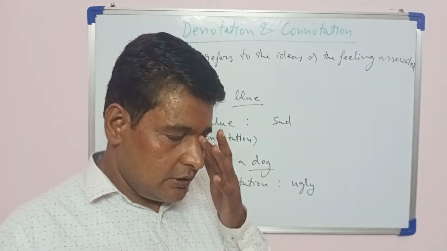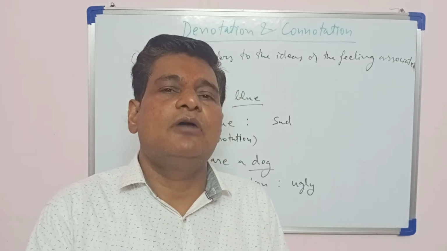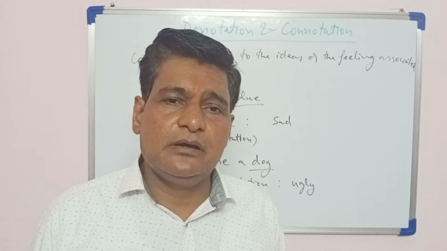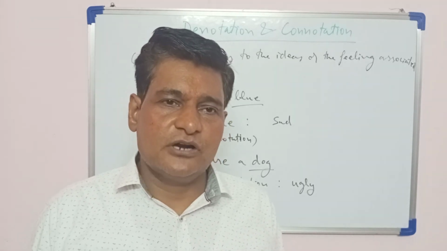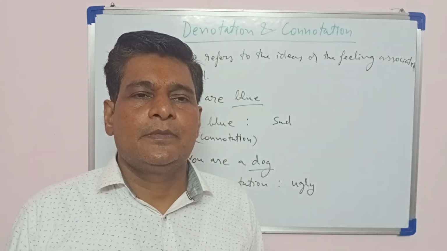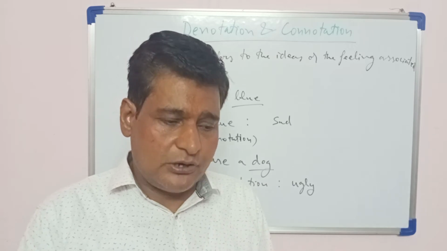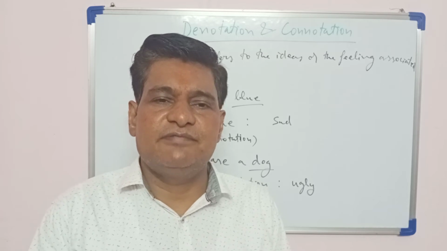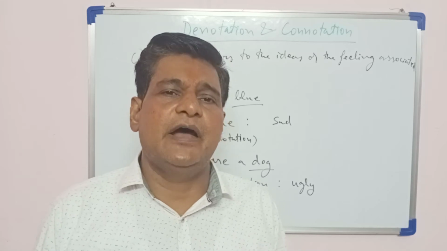Now at this point, I would say that denotation gives a certain meaning of a word, and there may be certain other words having the same or similar meaning. So denotation would be approximately the same for the synonyms of a particular word. Means literal meaning would be approximately the same, but if we refer to the connotation or the meaning associated with ideas and feelings which are associated with a certain word, then these would vary.